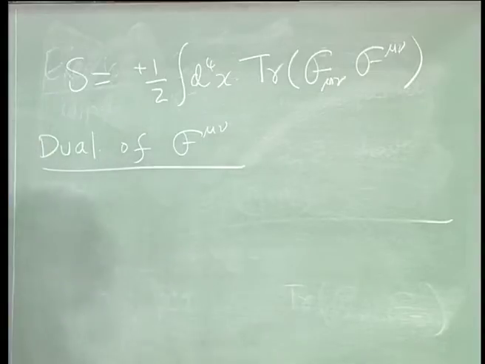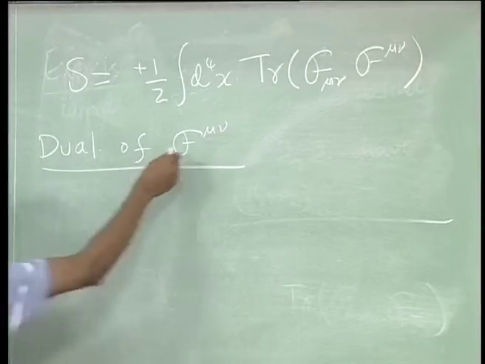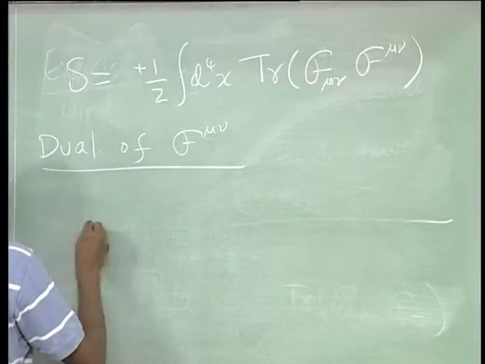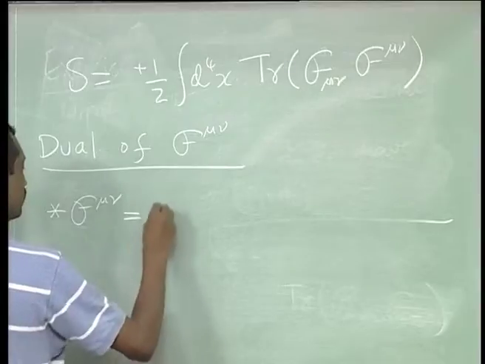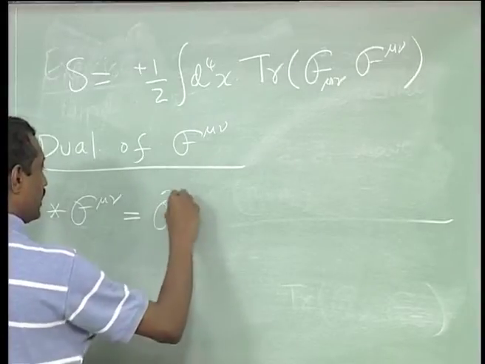This is just a generalization of what we saw in the case of electromagnetism, where there is a symmetry which exchanges electric and magnetic field. So the same thing we could do in general here, and so we define star f mu nu, or sometimes this is also called just f tilde mu nu.